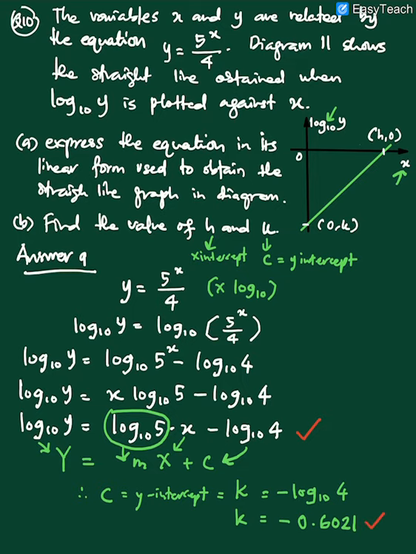Now that we have k, we can continue to find m, where m equals 0 minus k over h minus 0. And our m is actually equal to log base 10 5, and we can find our h now because we have the value of k already.